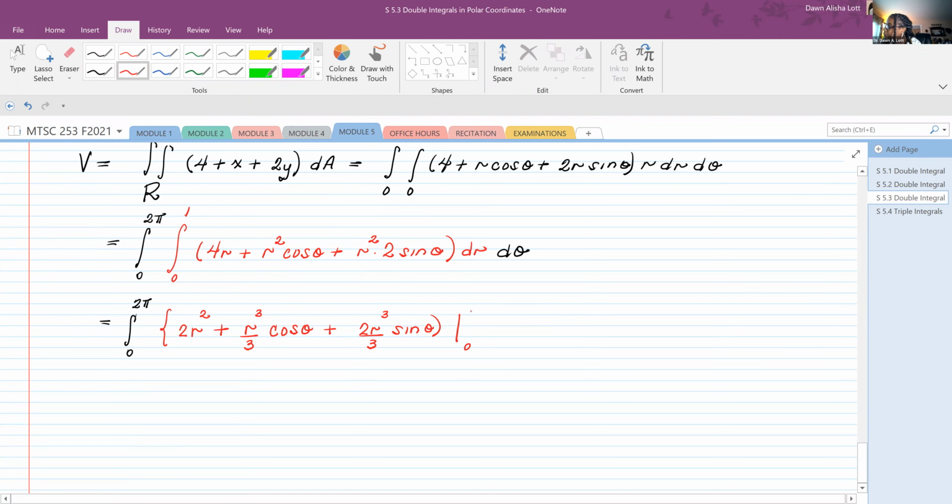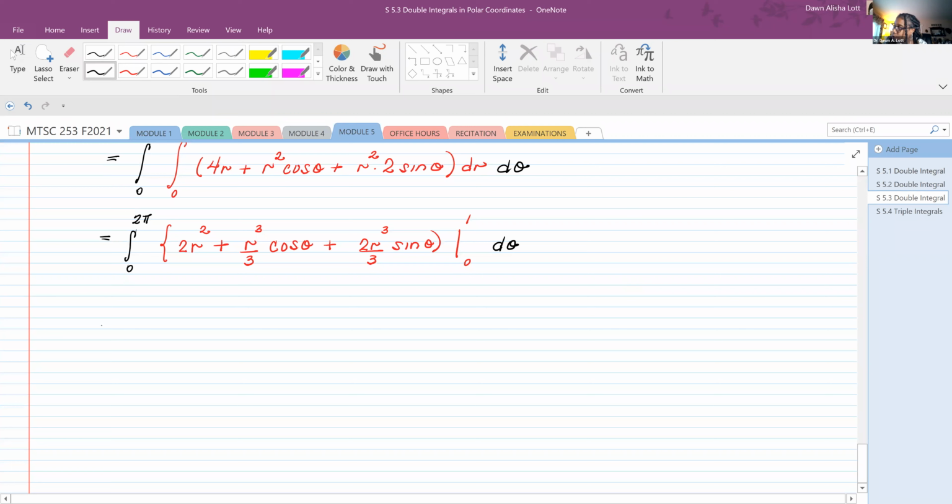That really is a 1, d theta. Okay. So this becomes the integral from 0 to 2 pi. And here I'm going to get 2 plus 1/3 cosine theta plus 2/3 sine of theta minus what happens when I put in 0. So I get 0. When I put in 0 for r, all of them give me 0.